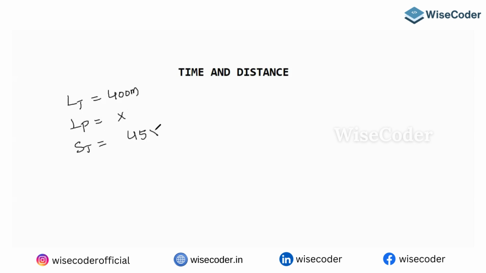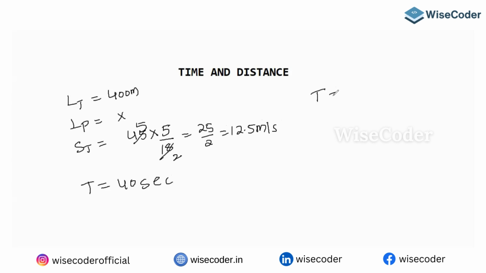If you want to convert them into meter per second, it's 5 by 18. 9 twos are 18, 9 fives are 45. So you can say 25 by 2. You can write it as 12.5 meter per second. The time is given, 40 seconds.